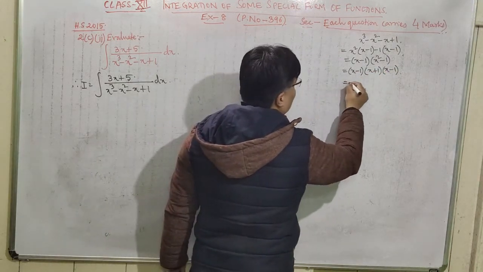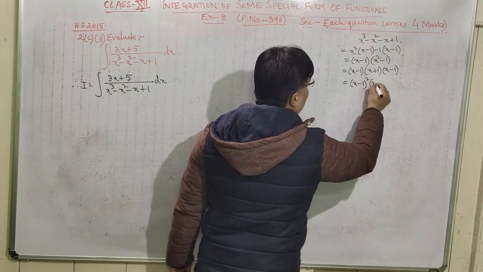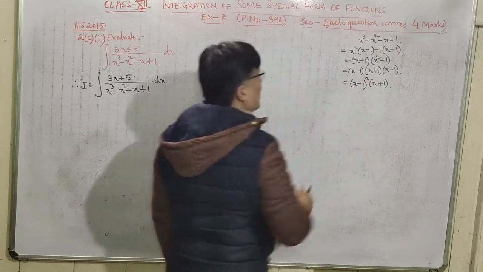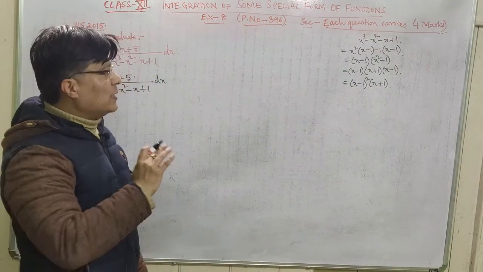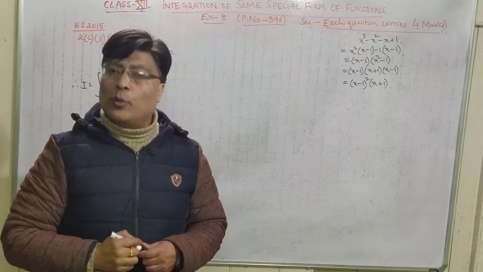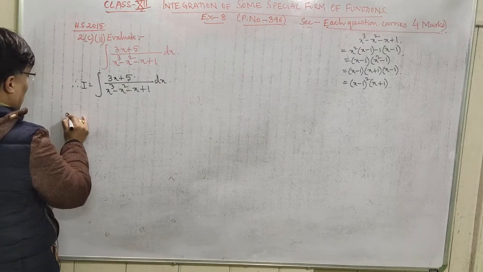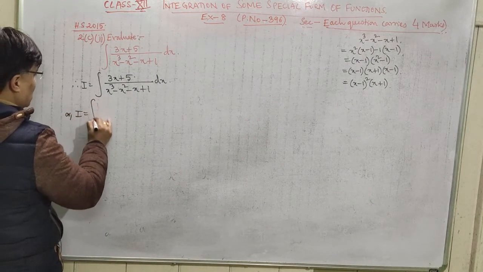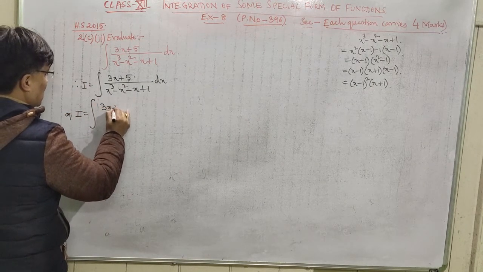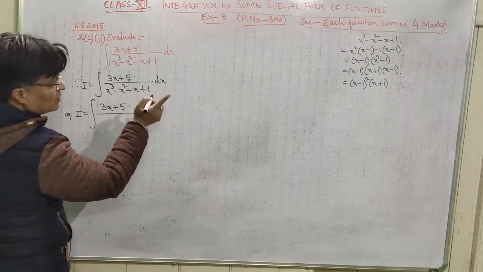Okay. So next, this x minus 1 into x minus 1 is x minus 1 whole square into x plus 1, because you can write x minus 1 into x minus 1 as x minus 1 whole square. Okay. So now next, I is equal to integration of 3x plus 5 divided by, what are these factors?